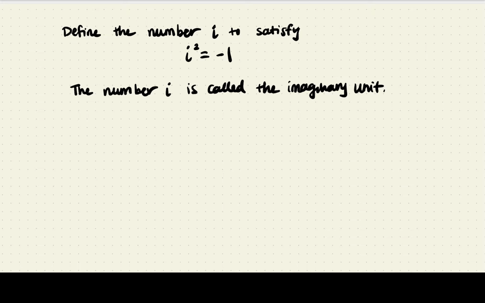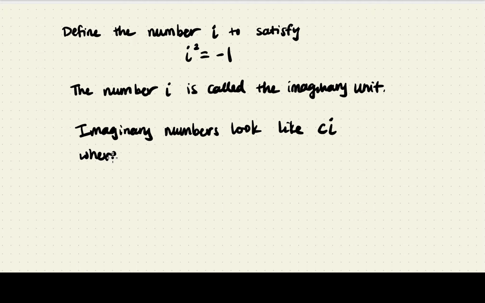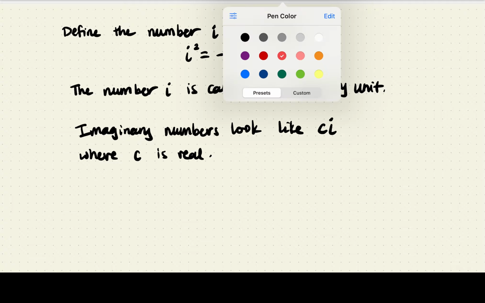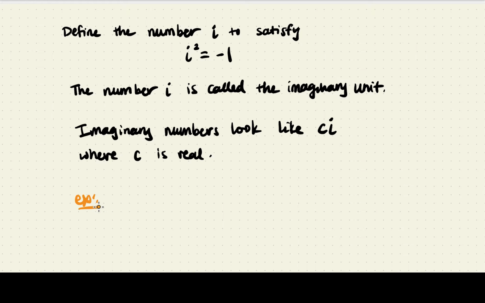You can also have imaginary numbers. Imaginary numbers look like a constant times i, where c, this constant, is a real number. If I can give some examples, we've got 3i, 7i, -2i.